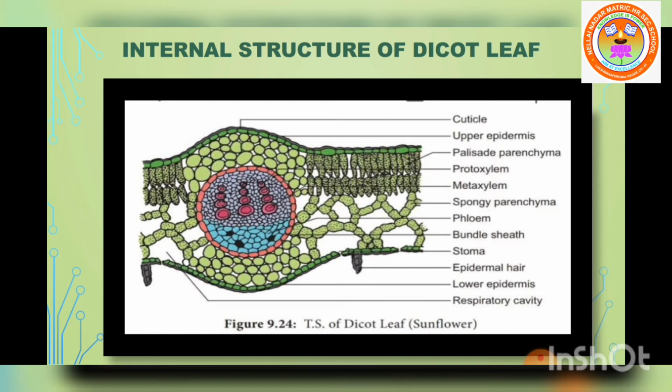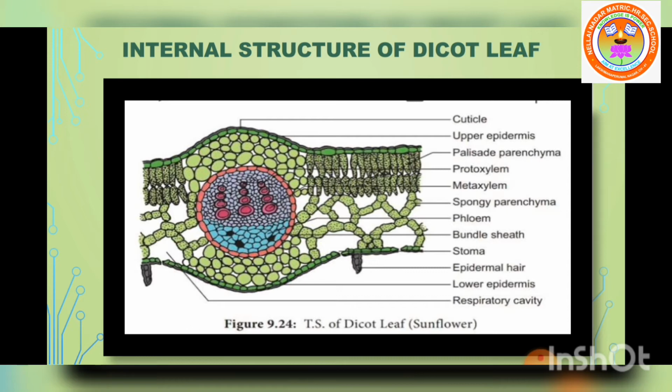It consists of vertically elongated cylindrical cells in one or more layers. These cells are compactly arranged without intercellular spaces. Palisade parenchyma cells contain more chloroplasts than the spongy parenchyma cells. The function of palisade parenchyma is photosynthesis.